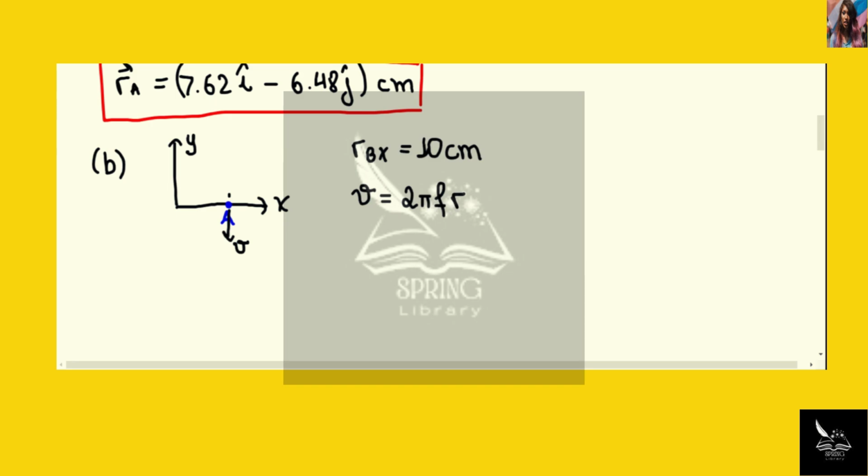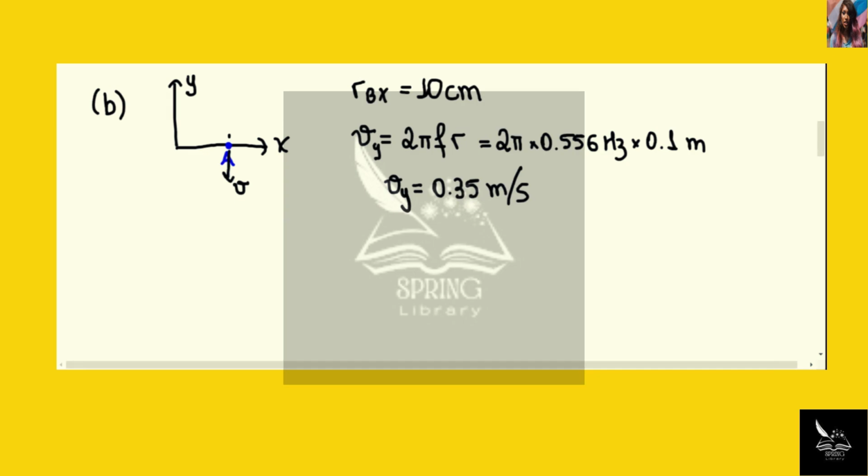That's the angular frequency times the radius. So this is 2 pi times 0.556 hertz times the radius, which is 0.1 meters. So the speed v is equal to 0.35 meters per second. That's the speed in the y direction.